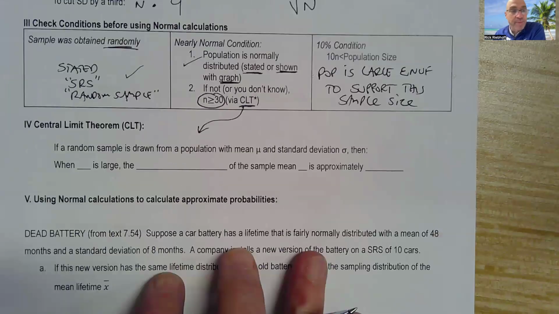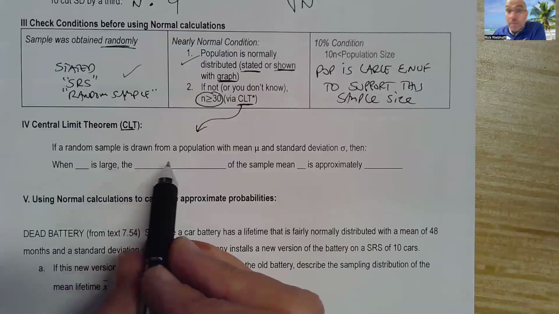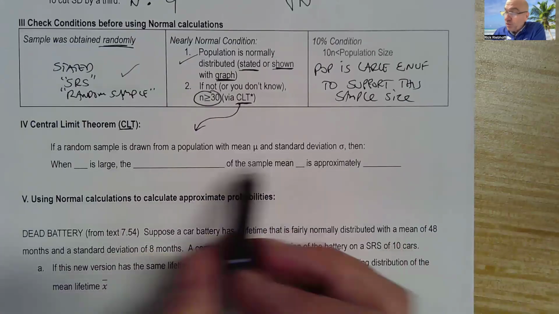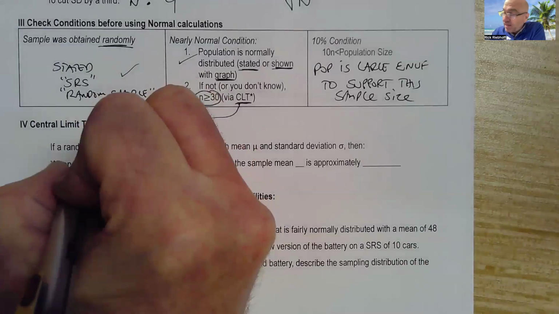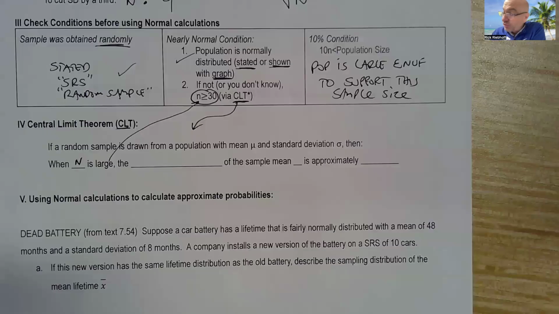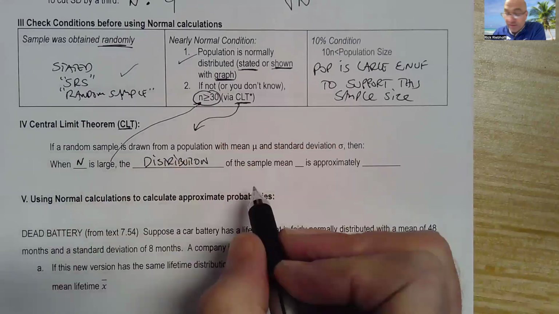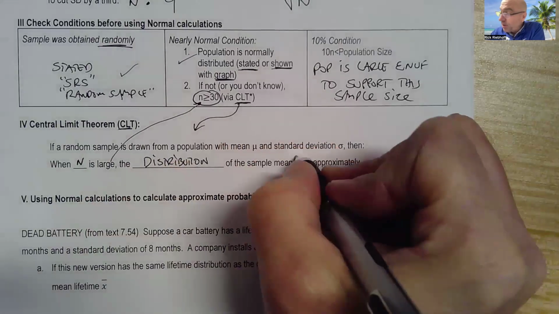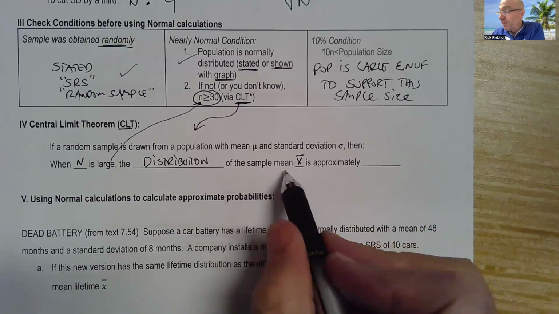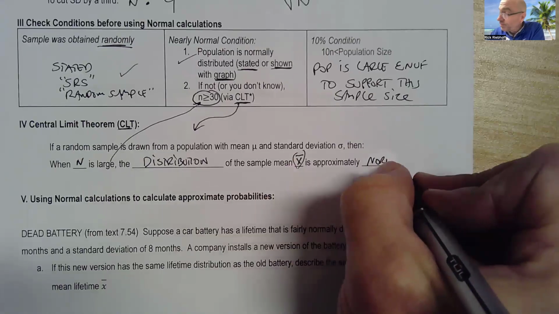Central limit theorem. This is a big one, CLT. If a random sample is drawn from a population with a mean mu and standard deviation sigma, then when n is large, the distribution of the sample mean, x bar, is approximately normal.